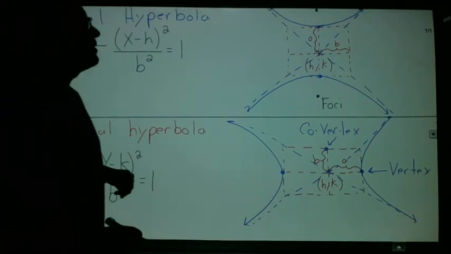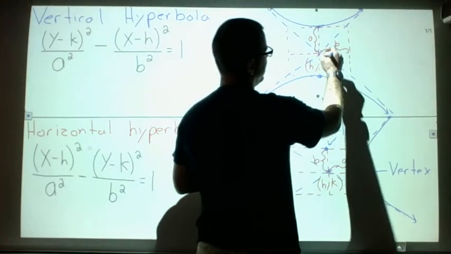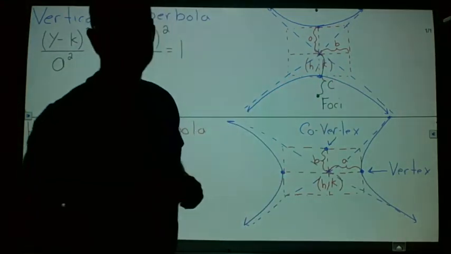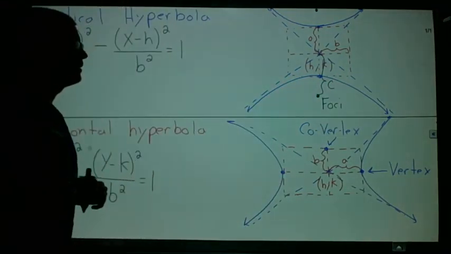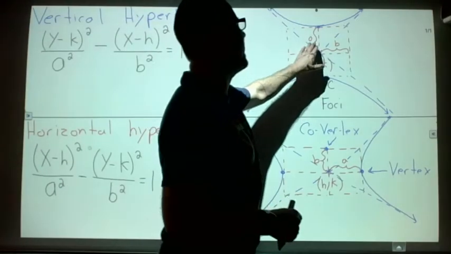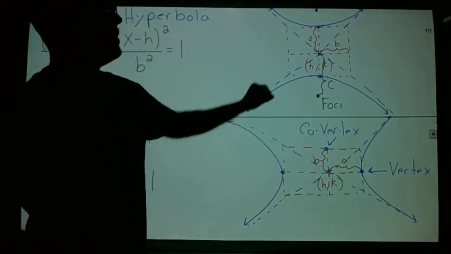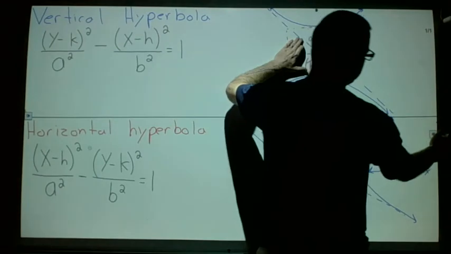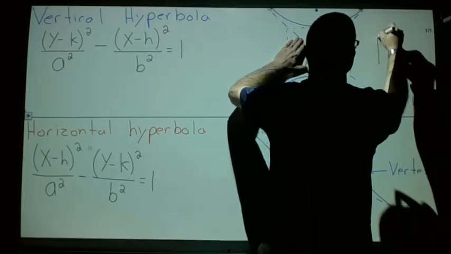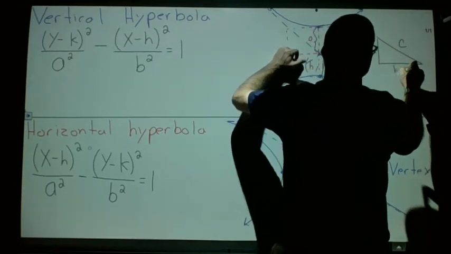Now, these also have focal points. So just here, there's a foci, and the foci, just like in an ellipse, are c units away from the center. And just like in an ellipse, a, b, and c will make a triangle. But unlike the ellipse, c is the hypotenuse now, and a and b just make up the legs.